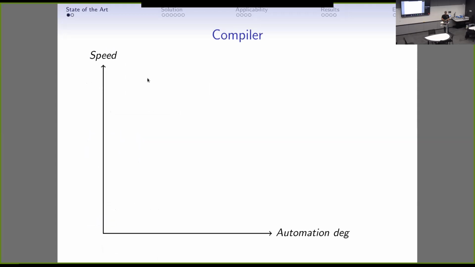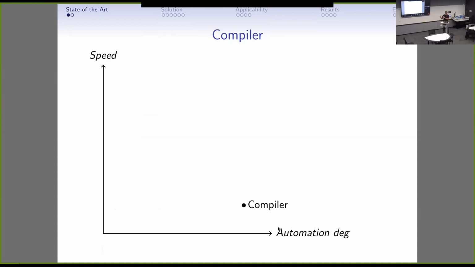So let's start. If we look at a graph where the speed of the generated code is on the y-axis and the automation degree of the tool used to generate that machine code is on the x-axis, then compilers are somewhere in the lower right-hand corner, providing a high degree of automation. You just press the button, it compiles, and then out comes your machine code.